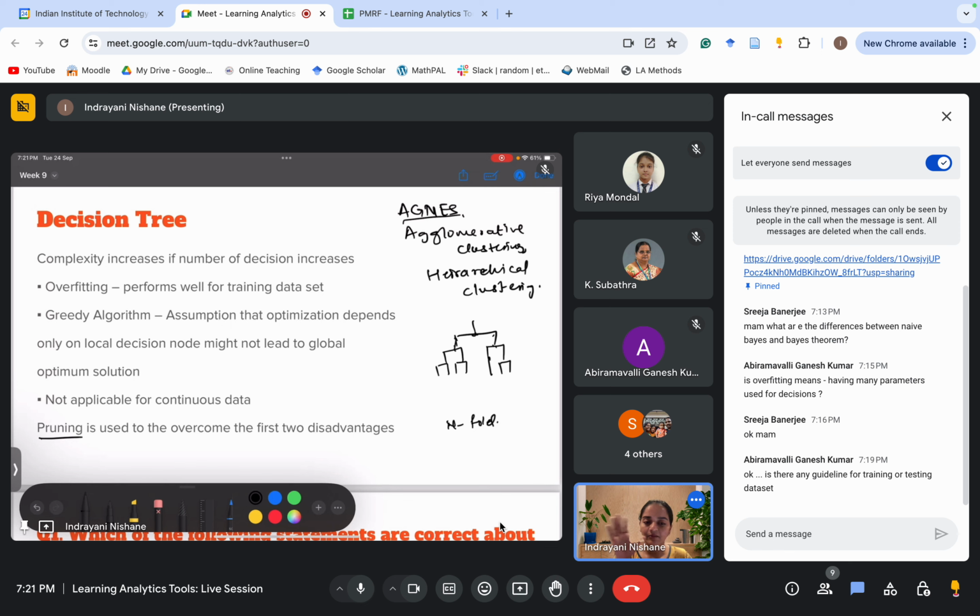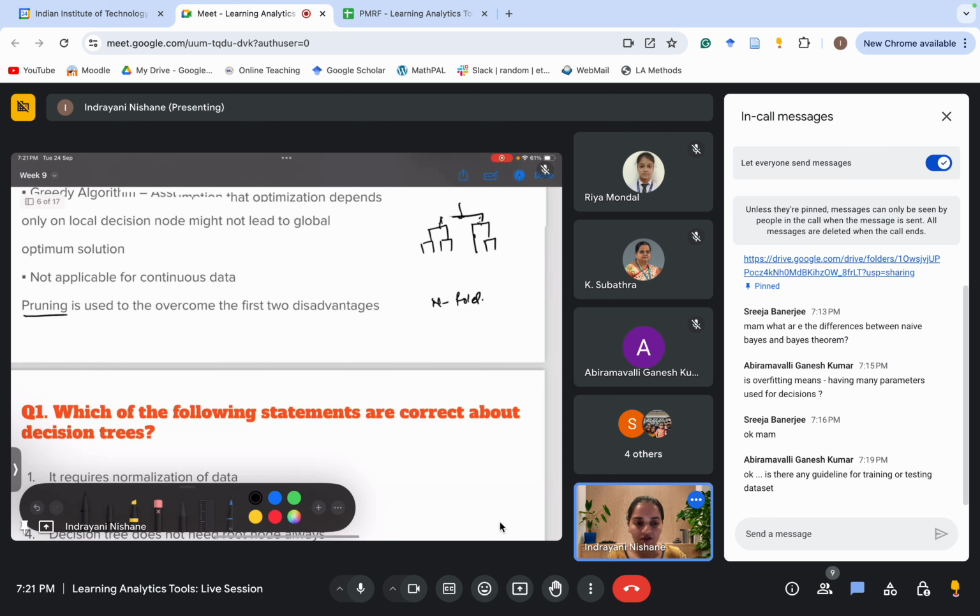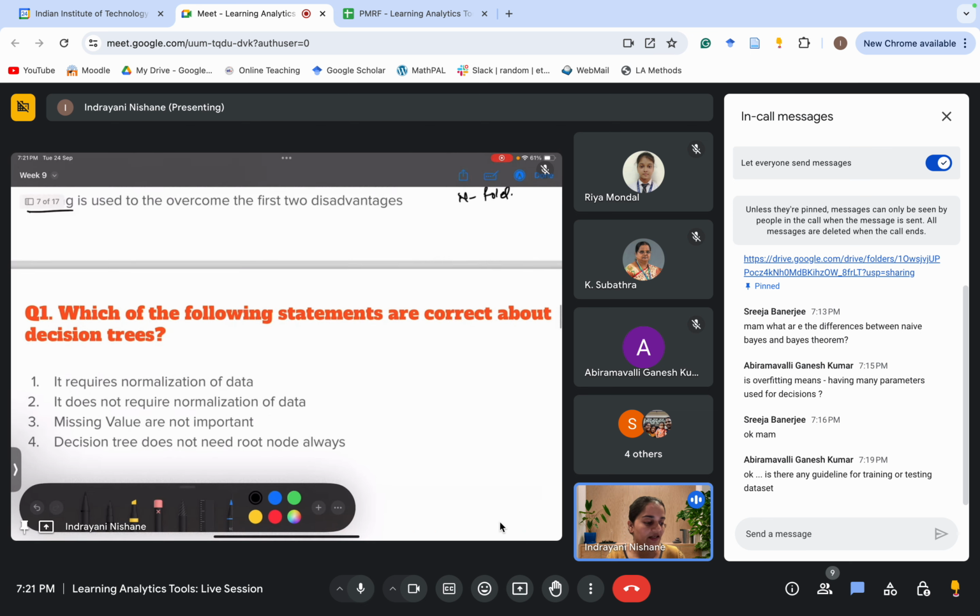Then the middle 1/3 I will reserve for testing, and train on the remaining 2/3. So in round robin fashion, every 1/3 portion of my data set acts as the testing data set, and the remaining 2/3 in combination act as the training data set. So this has already been covered in this course, the guideline for training and testing data set.